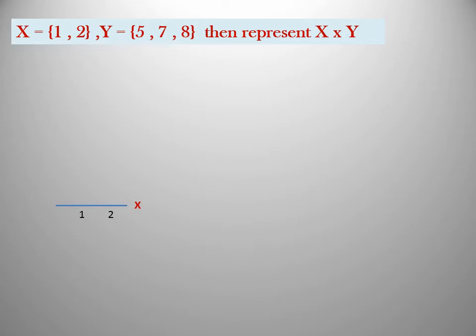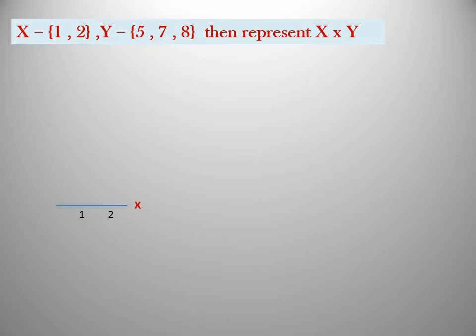Okay, I will have two lines. The first one is horizontal, and it will represent the first set. I said x crossing y, so the horizontal line will represent x. x and y here don't mean x-axis and y-axis. x and y are just two names of the sets.